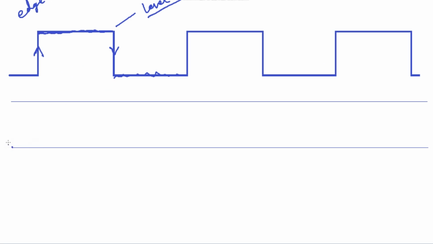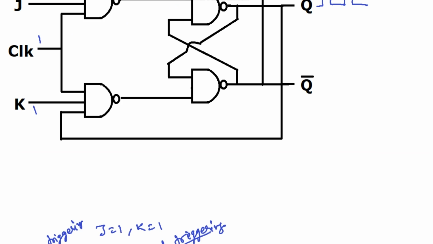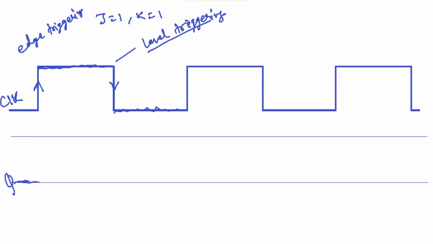If this is Q and this is the clock, Q is the output, initially 0. As the triggering is level triggered, this duration is high and this duration is long.